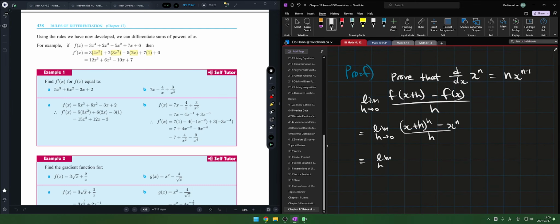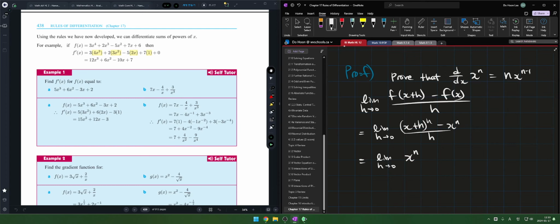Okay. I think if I expand, what am I using here? What do you see? Anyone want to shout out? Binomial expansion. So I'll just do the first couple terms. We don't need to do everything.